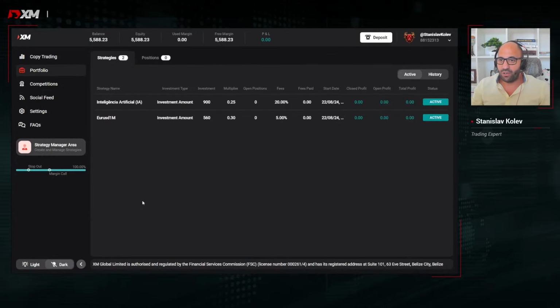When we click on portfolio, we see that we're copying two different people. We're copying Intelligentsia Artificial, and we're copying Euro Dollar 1 minute. I'm dedicating $900 into Intelligentsia Artificial, and I'm dedicating $560 into Euro Dollar 1 minute.